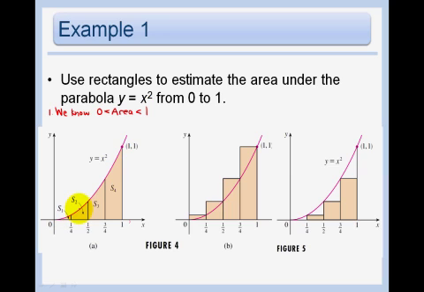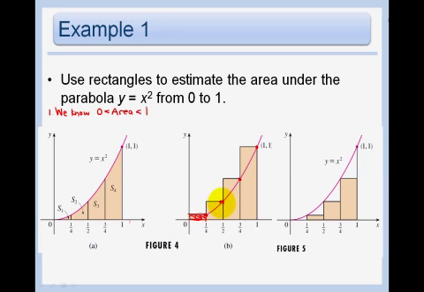What else do I know? Well, let's look here, and we drew these rectangles by using what we're going to call right endpoints, because I took my right point, the point at the right. So I took this right hand point and I made a rectangle to the left.